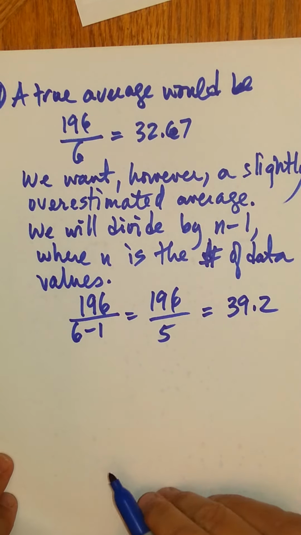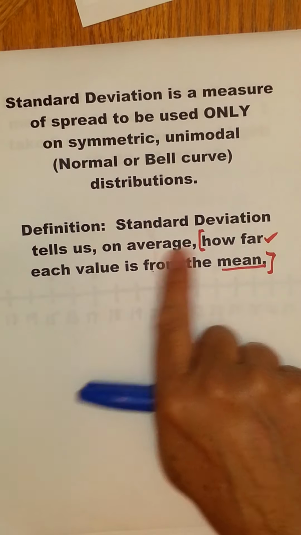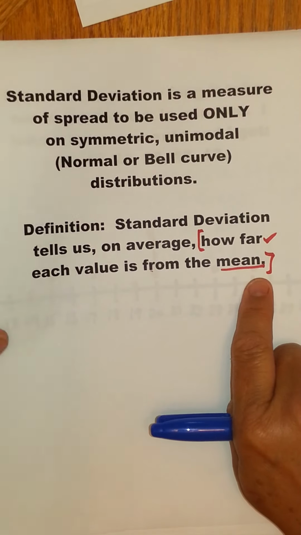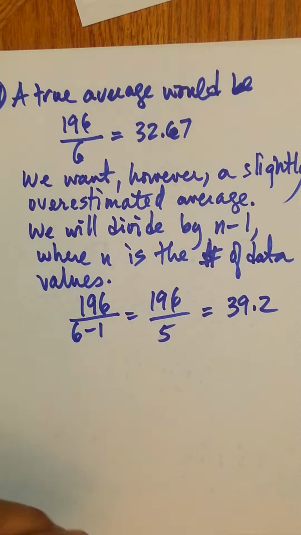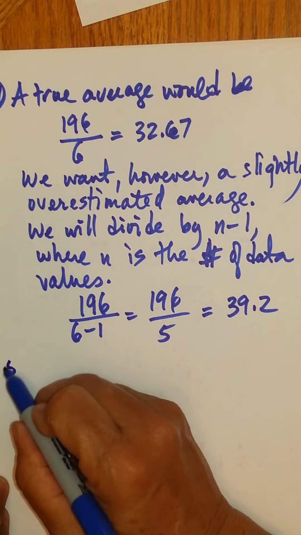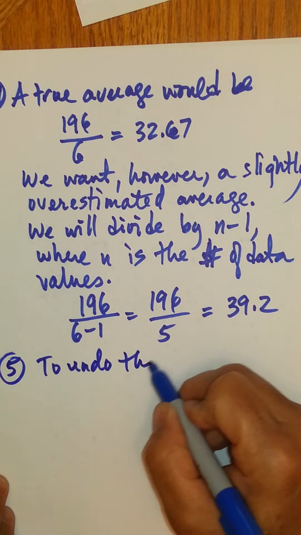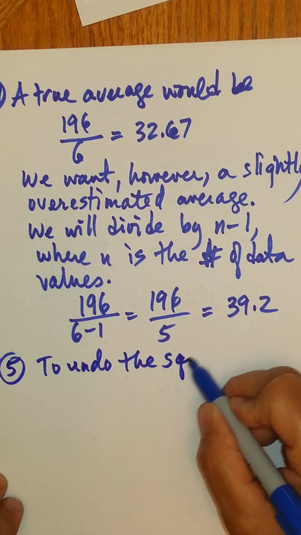Okay, now let's go back. Again, we were trying to find out on average how far each value is from the mean. We're almost there. We did find an average, but what we did is we squared the distances to get there. So one of the things I want to do now is to undo the squaring process.